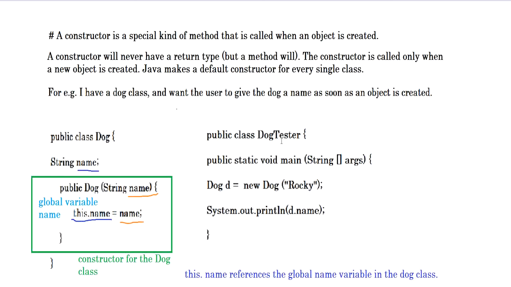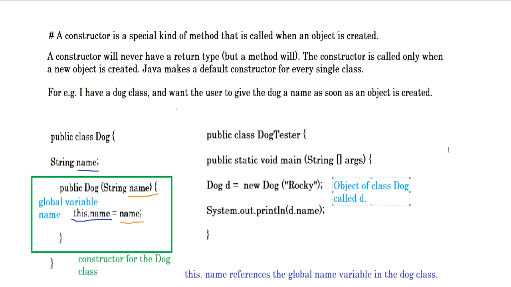Public class dog tester is our tester class. Here we've created an object called D, type dog class. So I'm just going to write that here. Object of class dog called D. And it takes the string Rocky as an input because we have to take a string input there.